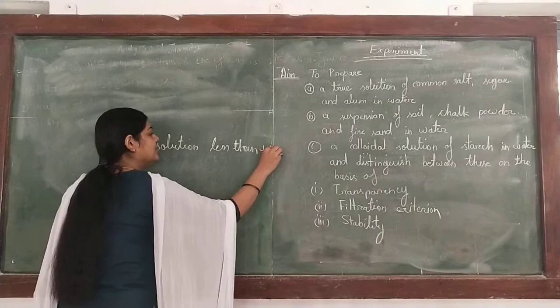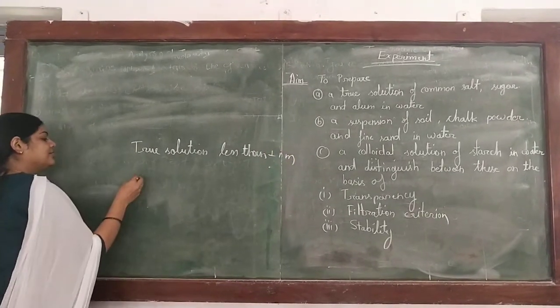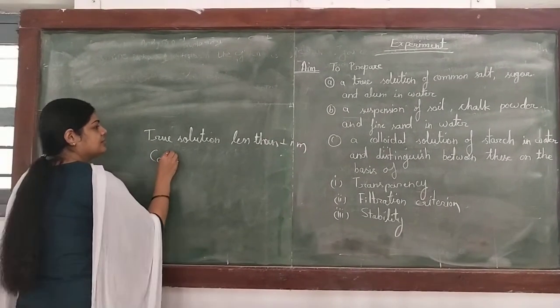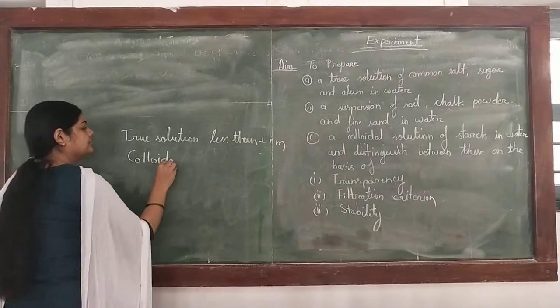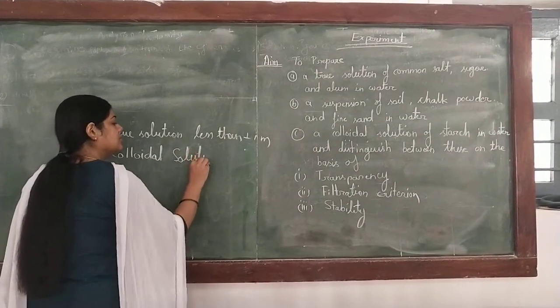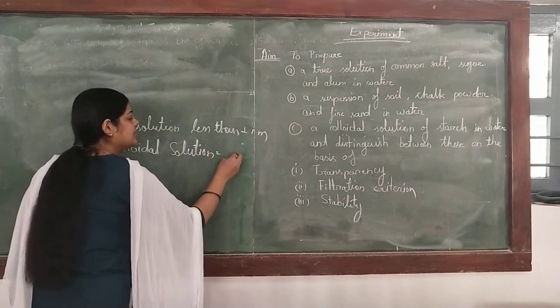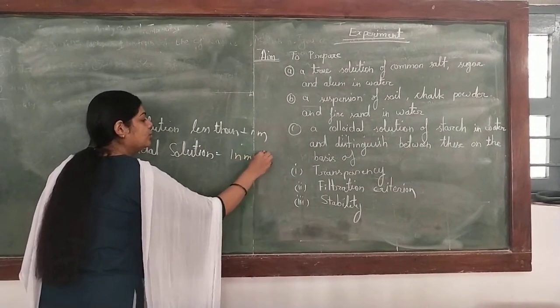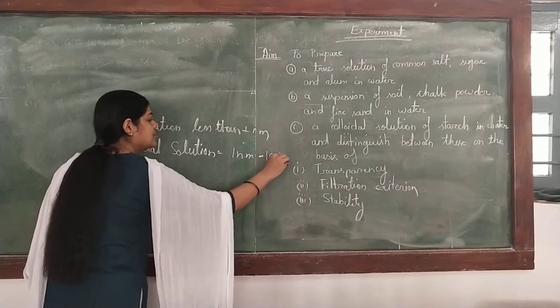1 nanometer. In the case of a colloidal solution, the particle size is between 1 nanometer to 100 nanometers.